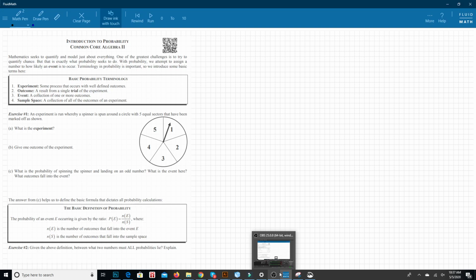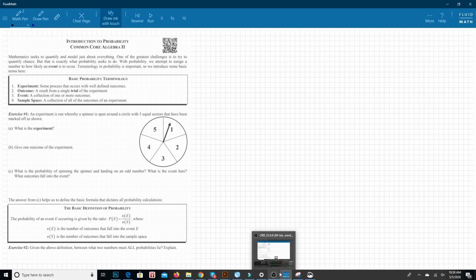Experiment, some process that occurs with well-defined outcomes. The outcome, a result from a single trial of an experiment. An event, a collection of one or more outcomes. And a sample space is a collection of all of the outcomes of an experiment, right? So the sample space is your denominator, essentially. And the event will be your numerator.